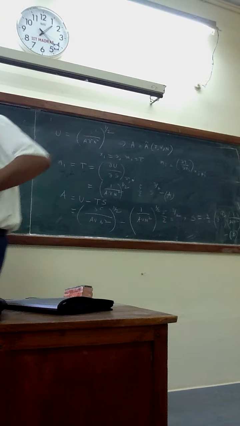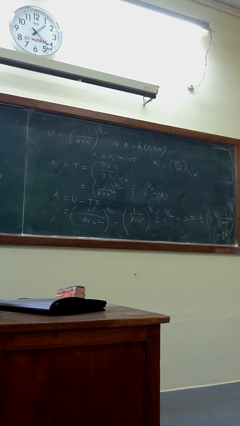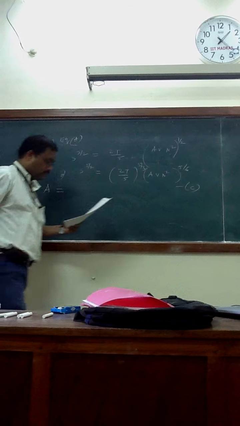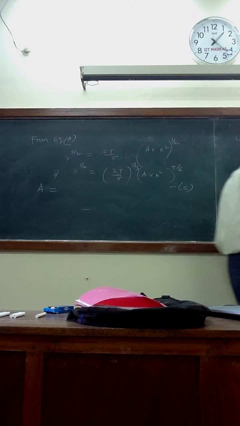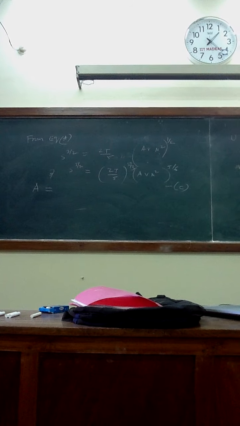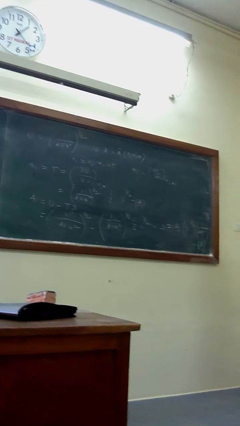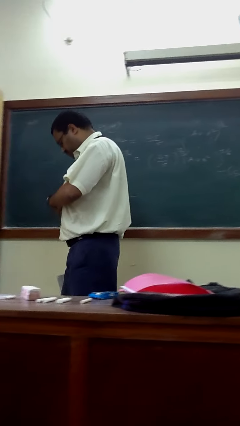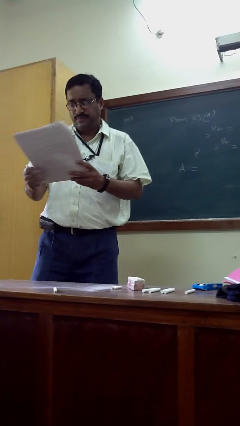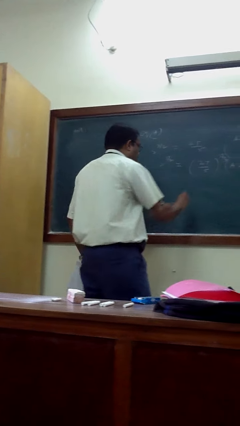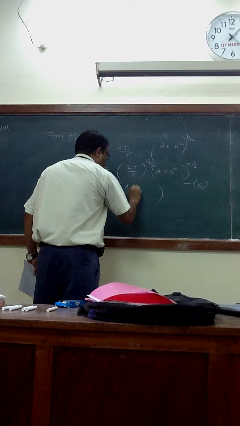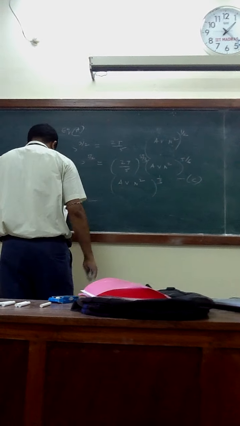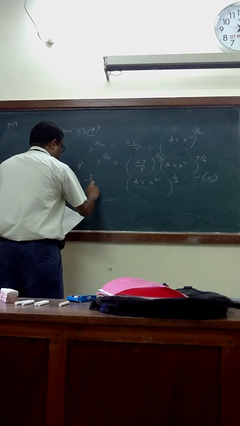The same procedure I am following. I am not doing anything different. Give me the final expression for A as a function of T, B and N. The final expression you have to give in terms of T, B, N. A B N square, to the power 1 by 3 you get minus 3 by 2.